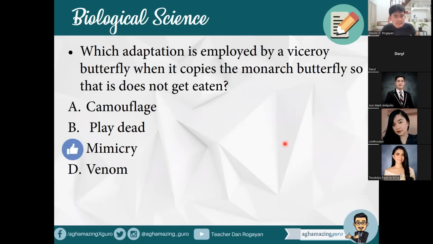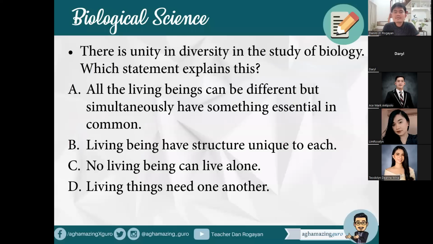They're actually imitating. Mimicry is something to do with imitation or copying. The less harmful animals imitate the harmful animals so that they will not get eaten. Okay, so that's mimicry.